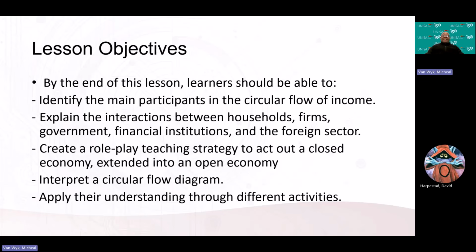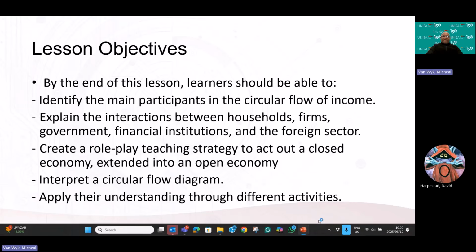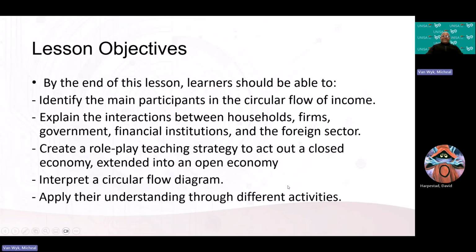Now, for this particular lesson, learners, by the end of this lesson, you should be able to identify the main role players or participants in the circular flow. The circular flow will also explain the importance of how goods and services are moved between these very important role players.